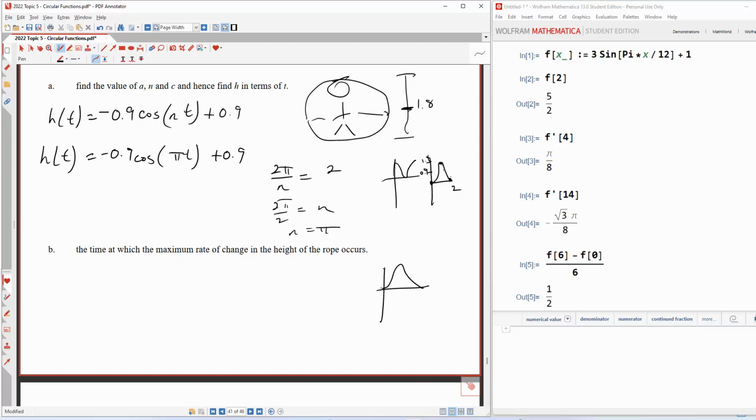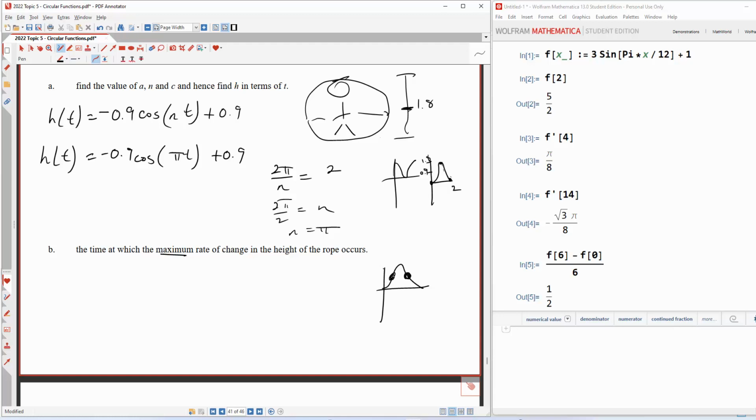All right, and when is it changing at its most? Where it's going to be changing at its most is these two sections here. This is when it climbs or drops at the fastest possible rate. Okay, so it's climbing there at the fastest rate and dropping there at the fastest rate. And that's where the maximum rates of change are going to occur.